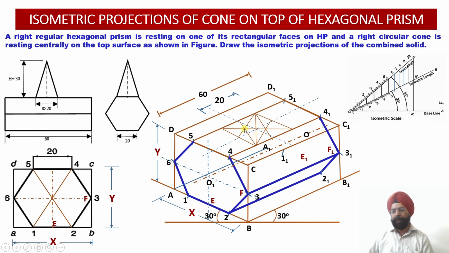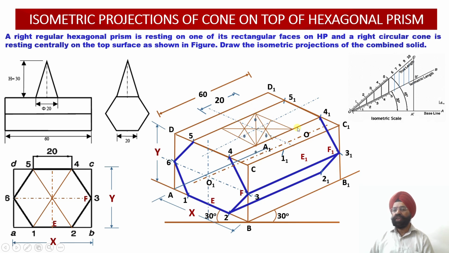Similarly, there is another midpoint corresponding to the second edge which is lying opposite to this corner. So I have been able to draw 4 projectors from these 2 corners. First 2 projectors were drawn like this, and they were joining the midpoints of the opposite edges of this particular square. Similarly, from the other corner of this minor diagonal, another pair of projectors have been drawn which meet the midpoints of the opposite edges.